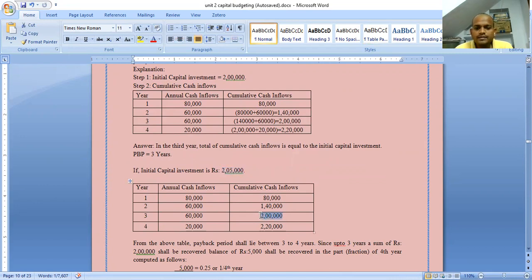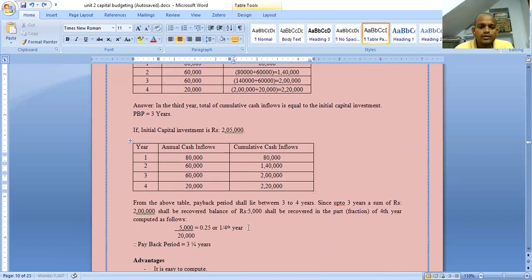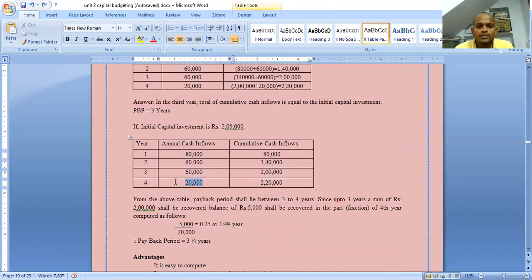Within 3 years we recover 2 lakhs, so the remaining 5,000 we have to recover in the fourth year. In the fourth year, 20,000 we are expecting. From the above table, the payback period lies between 3 to 4 years. 3 years completely, but in the fourth year, partially we can recover.